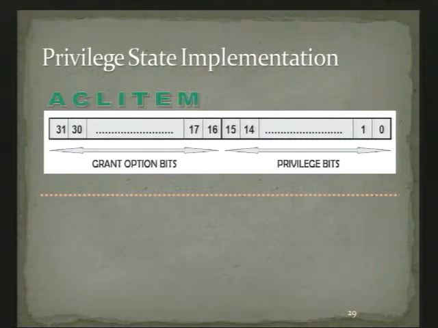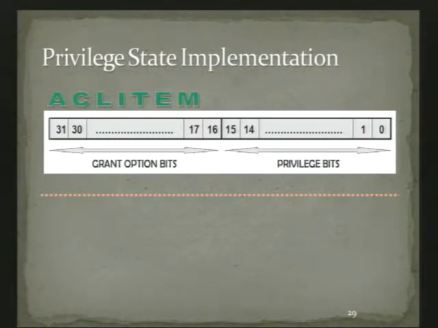So every privilege, like select privilege, has a particular bit mask, and the same position in the grant option bits specifies whether that particular privilege is grantable or not. So very nice, but of course this is only possible if you have just 16 privileges, so you can pack everything in a 32-bit integer.